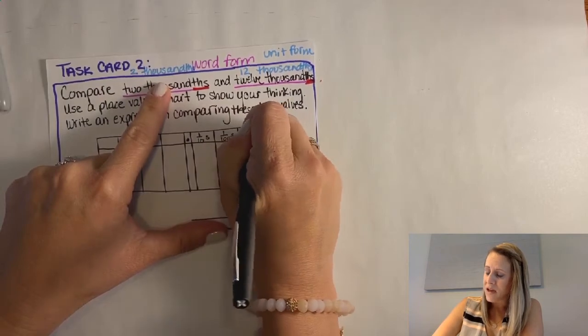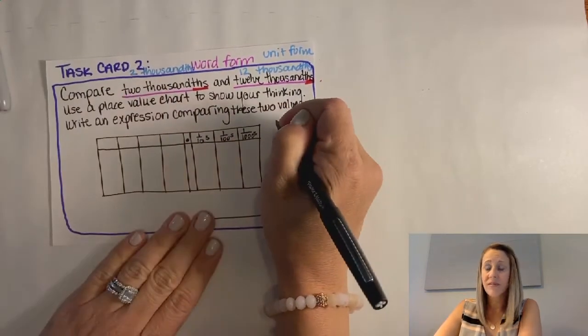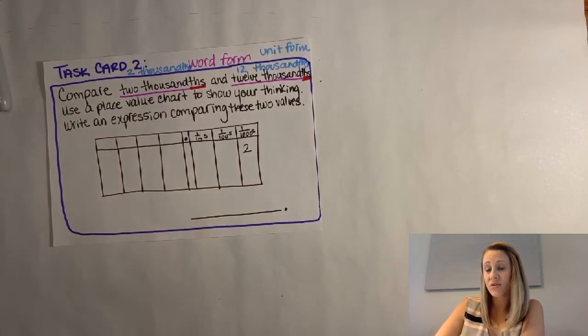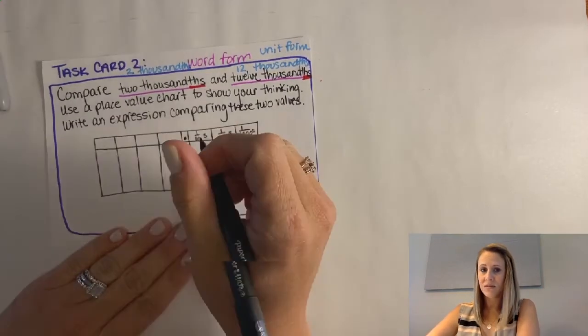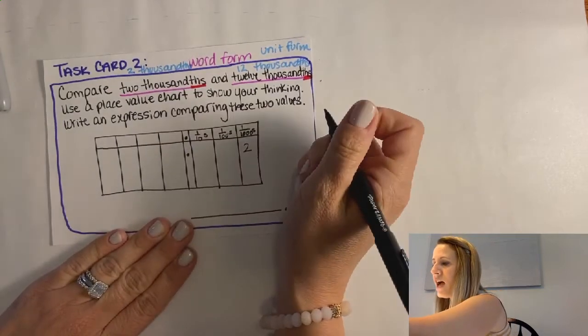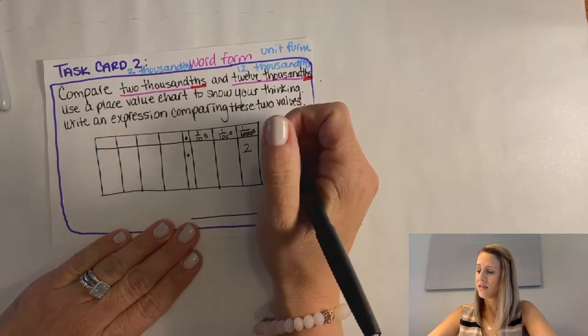Remember that I'm going to have to put a decimal and some zeros to hold the place of my missing values. So I have no tenths or 0 tenths, and I have 0 hundredths. So that would be equivalent to having these two values here, 2 thousandths.